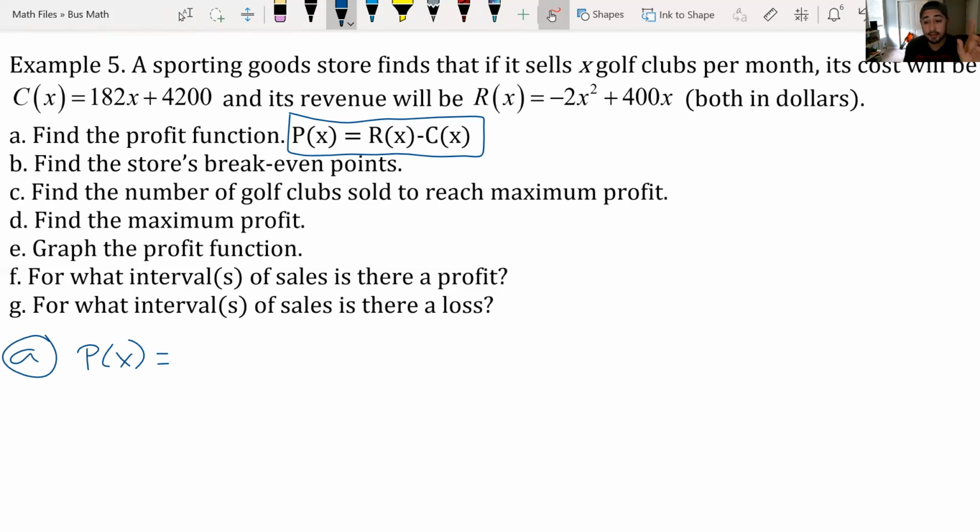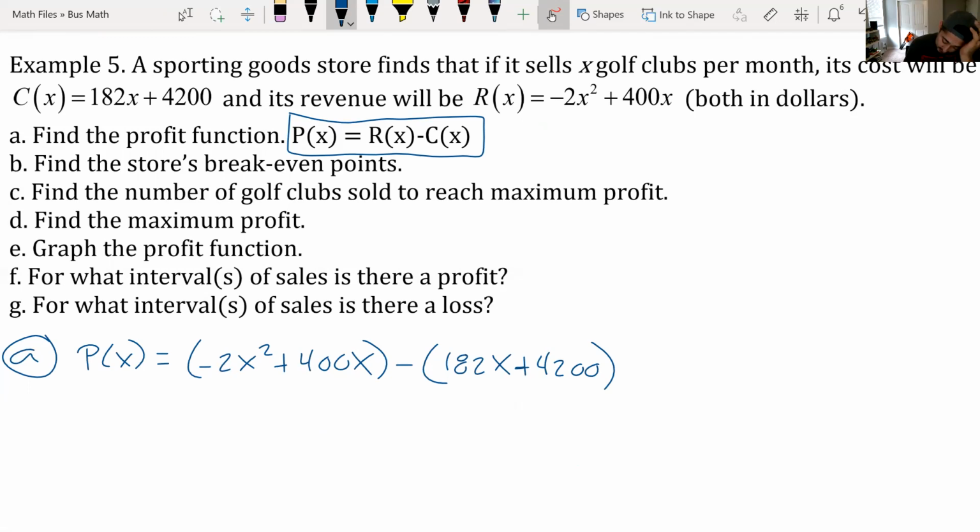And remember, when we plug in, always include parentheses. Negative 2x squared plus 400x close, minus parentheses. Now plug in your cost function. 182x plus 4,200. There we go. This is revenue minus cost.